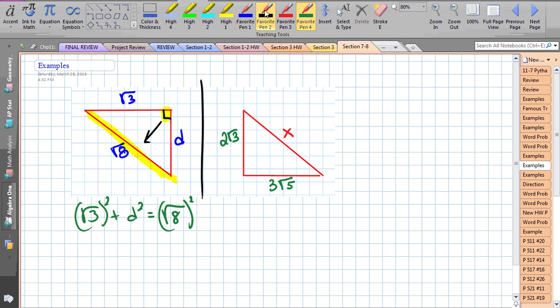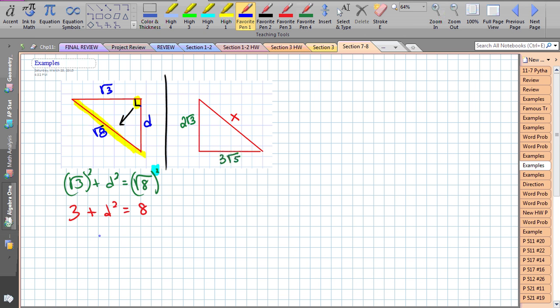You could be thinking, oh, I can simplify radical 8. Well, you can, but take notice, we're going to be squaring a radical. And whenever we square a radical, the radical goes away. So this is 3 plus d squared equals 8.